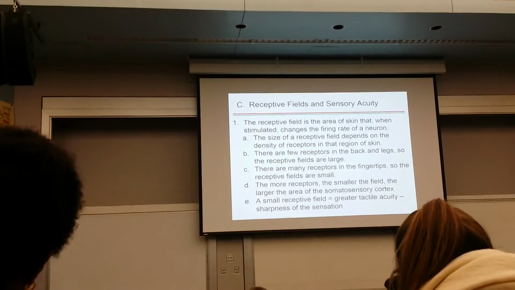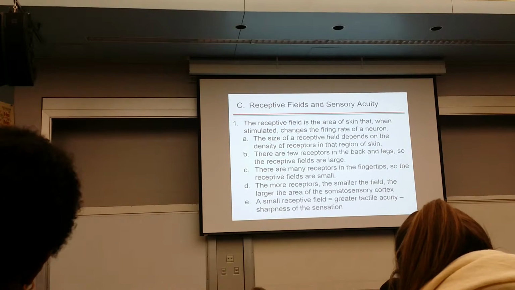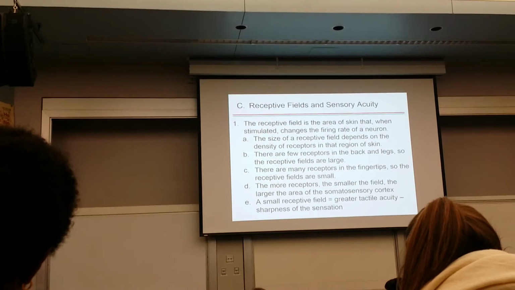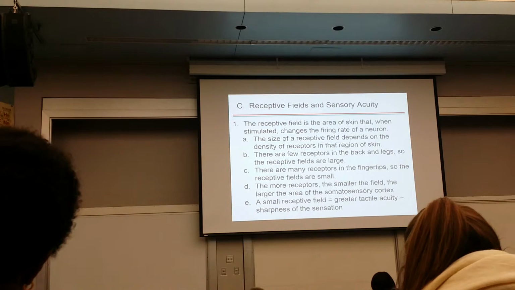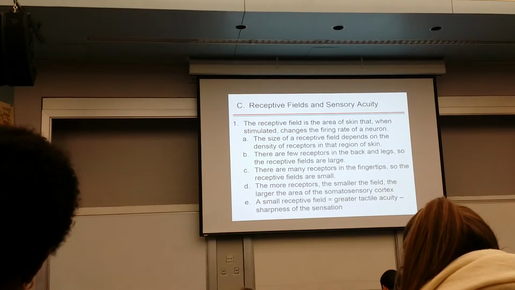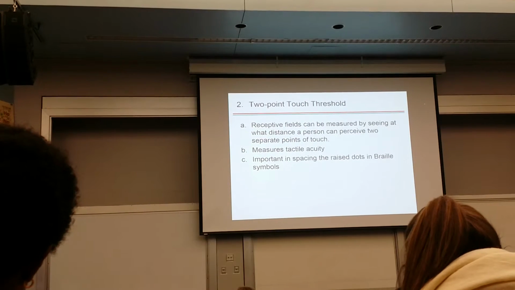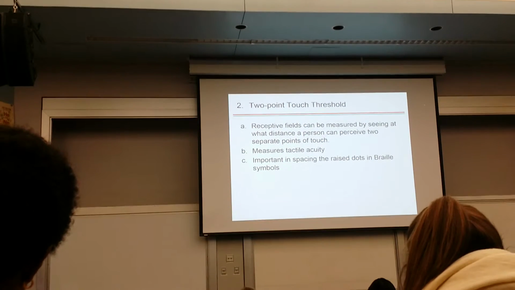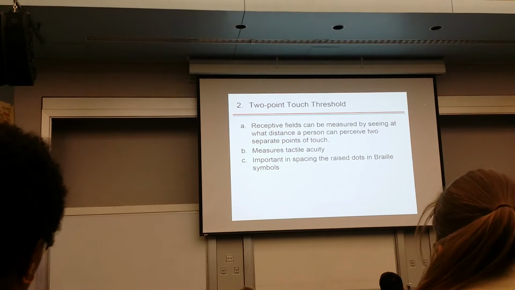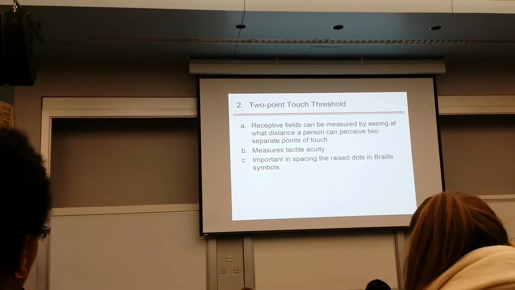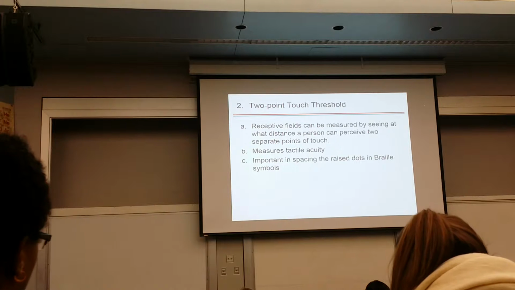That is just because we have a lot more receptors in those areas, so you have better discrimination there. The more receptors you have in an area, the more acuity you're going to have, right?